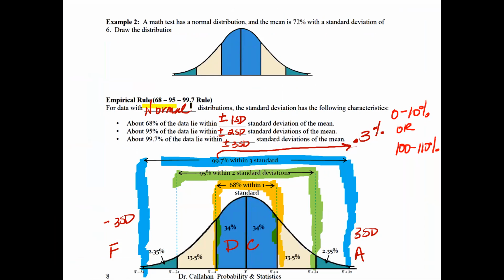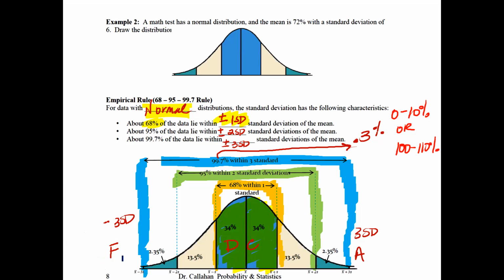So for data to be normal, the distribution has to follow the following characteristics. At 1 standard deviation, so that is going to be right here, you guys. It's 1 standard deviation to the right side, 1 standard deviation to the left side. It's always 34 and 34. So when you add them together, that's 68% of the area of the bell curve.